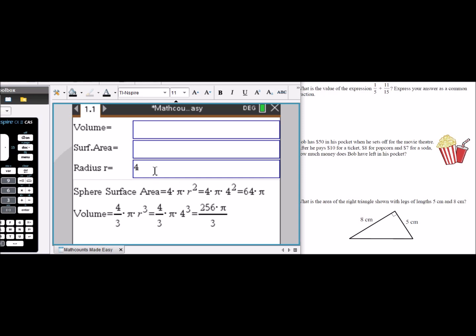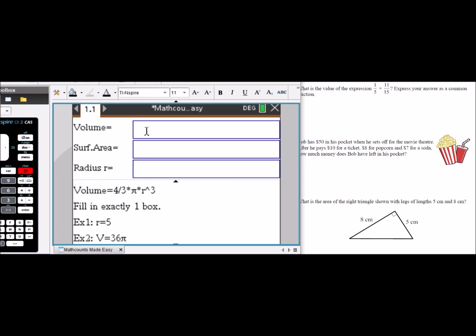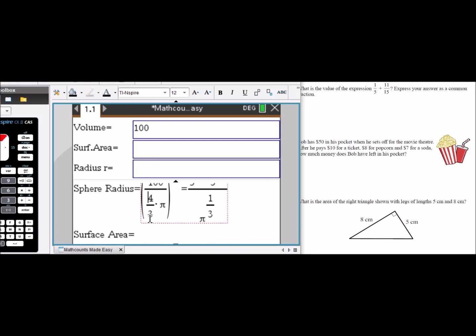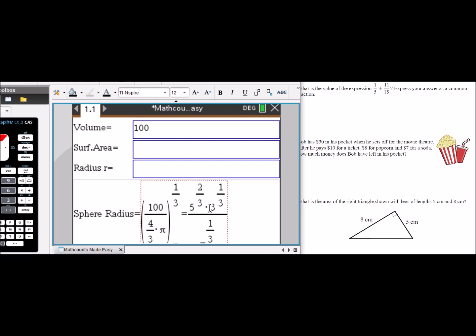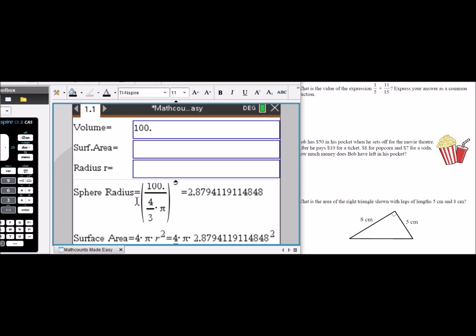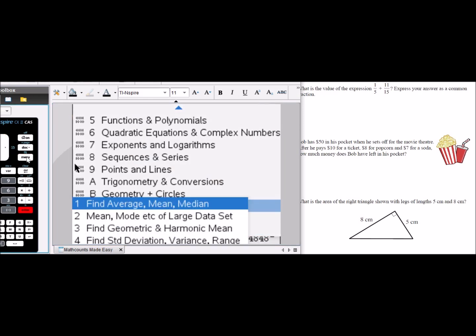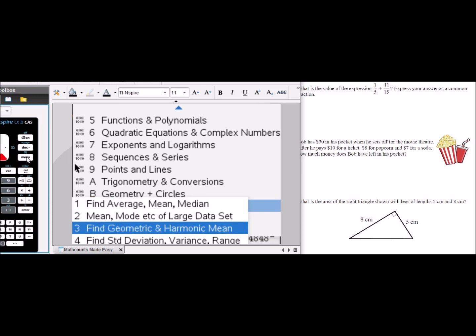So if you are given a volume of 100, you can immediately find out what the radius is, and if you do want decimals, then your input has to be a decimal number, so your output will be decimal. Okay, 2.87. Statistics, of course, you can find the mean, median, mode, because that often occurs. Geometric and harmonic mean, very typical Mathcounts problems.